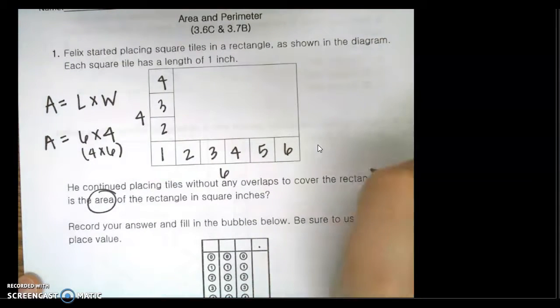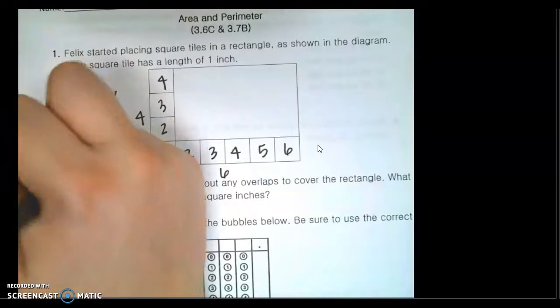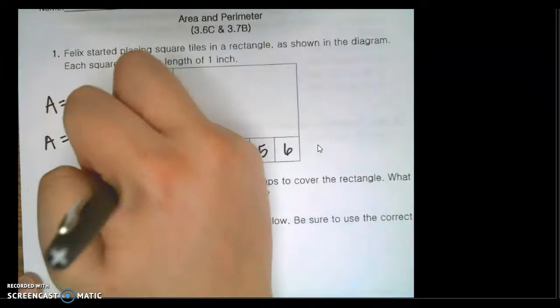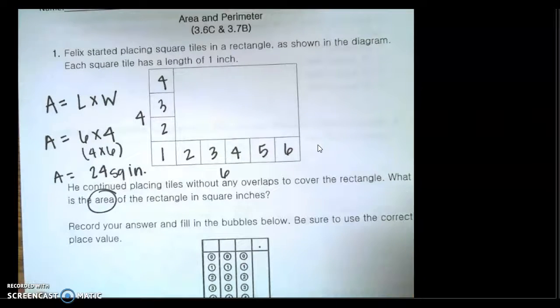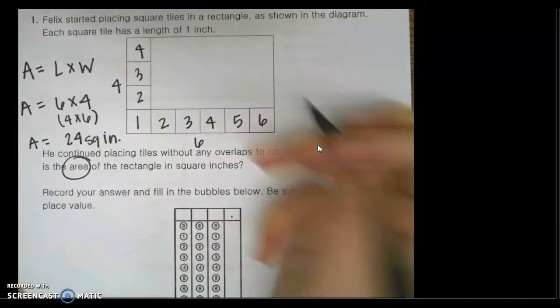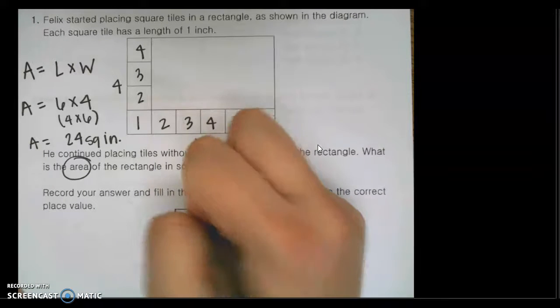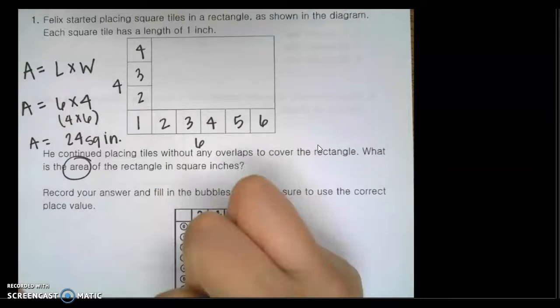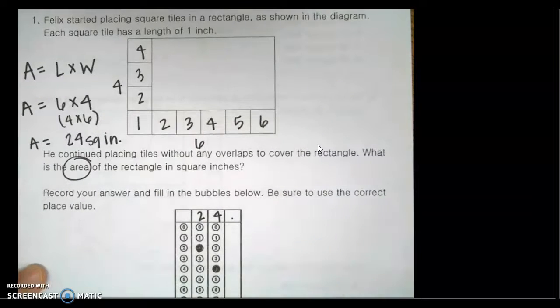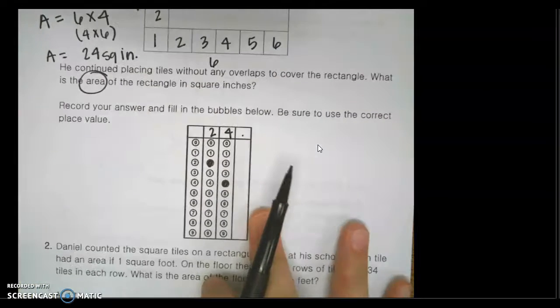You're going to get the same answer. Area equals 24 square inches. All right. And then here you would bubble in 24, because the number 24 is in your tens and your ones place. Okay? Let's do another area question.